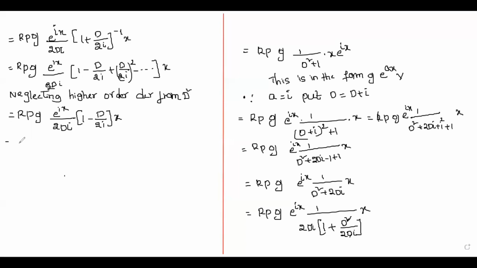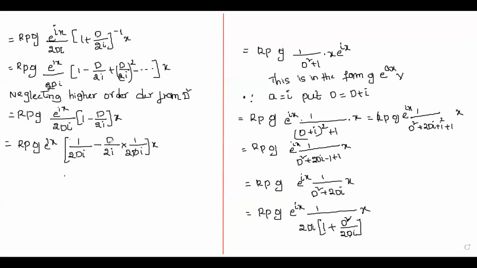So this is equal to the real part of, put e power ix inside and multiply with 1 by 2Di inside. So it will be 1 by 2Di minus D by 2i into 1 by 2Di into x.